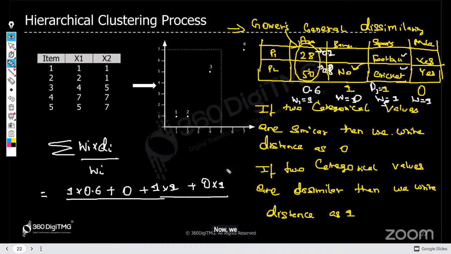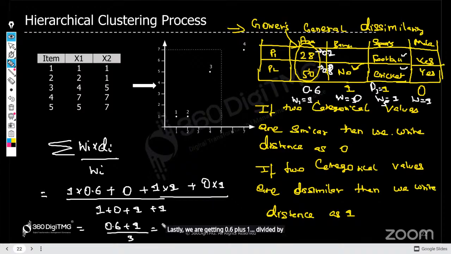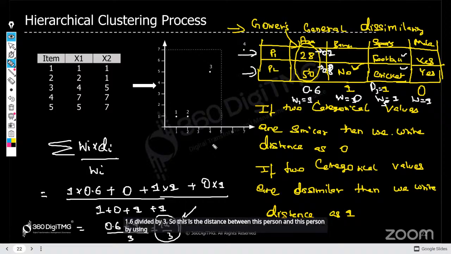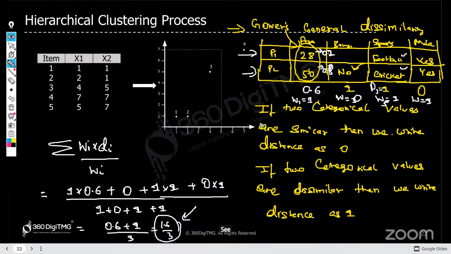Now, we will divide it with all the weights that we are having: 1 plus 0 plus 1 plus 1. Lastly, we are getting 0.6 plus 1 divided by 3. 1.6 divided by 3. So this is the distance between this person and this person by using Gower's general dissimilarity. See how we have converted any numerical or categorical data and we are successfully able to find the distance between them.